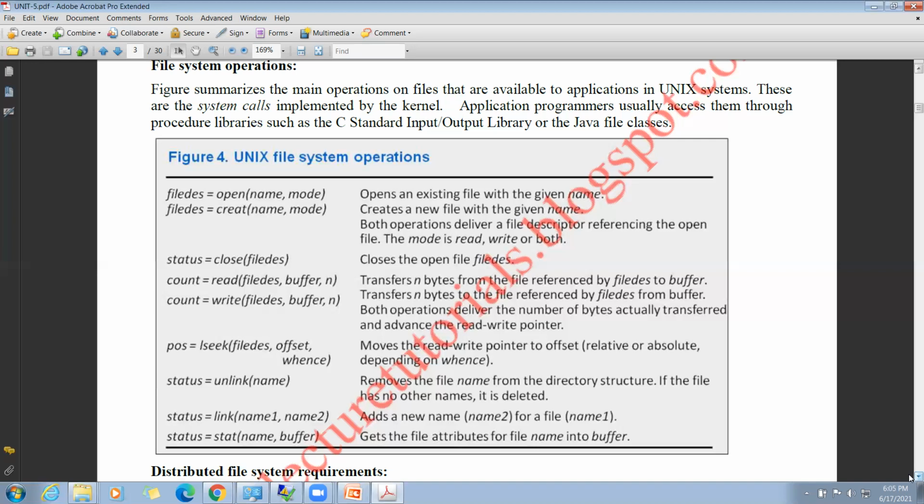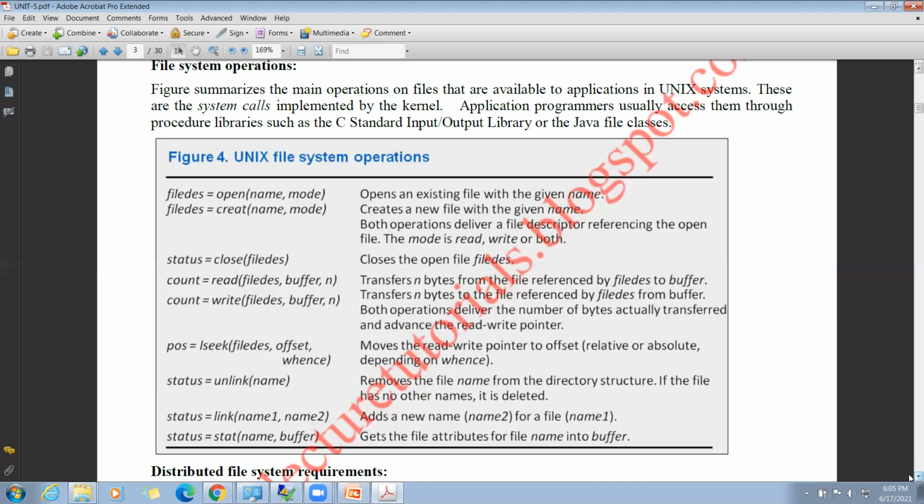Next, status unlink name. This will remove the file name from the directory structure. If the file has no other names, it will be deleted.